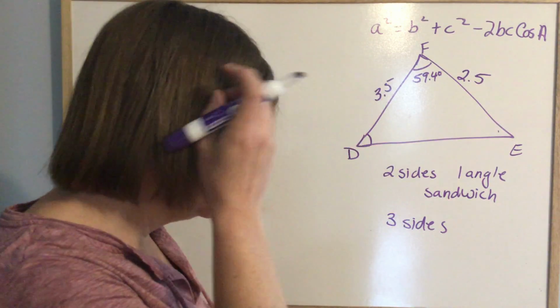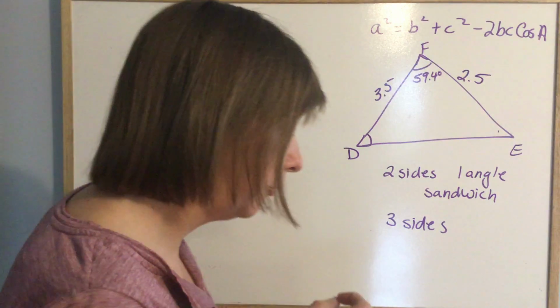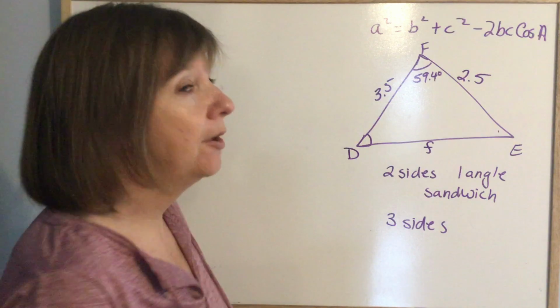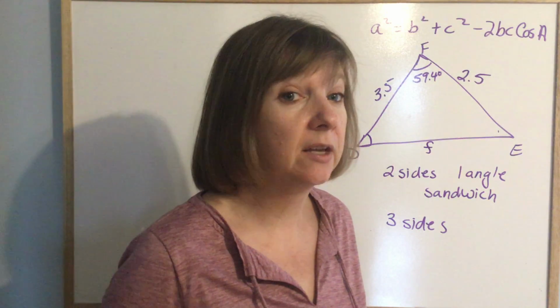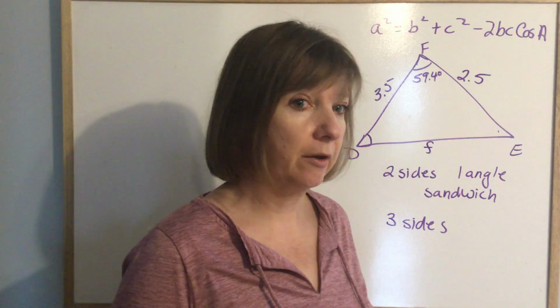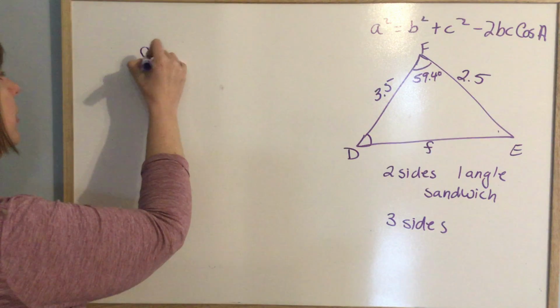All right, so in this one, they want us to find F to the nearest 1/10 of a meter. They're not asking us to solve the whole thing, so I don't have to bother to go find anything else. I just have to find F. So if I want to find F, I'm going to write it this way.